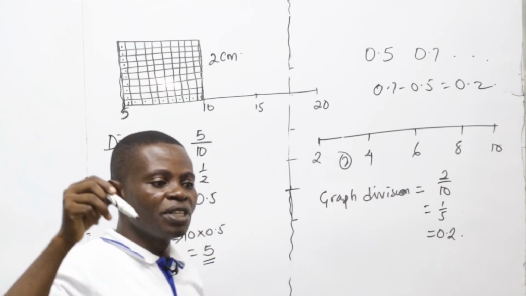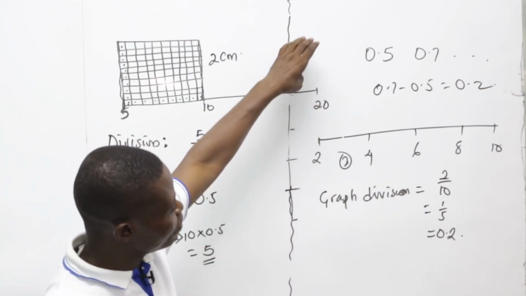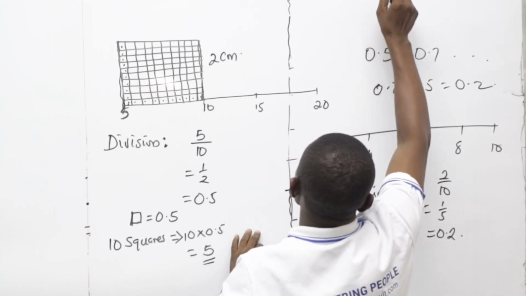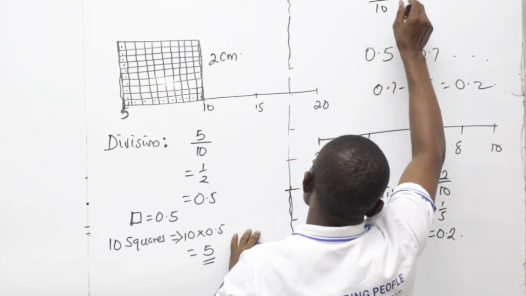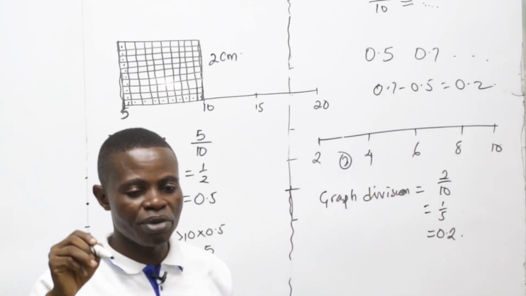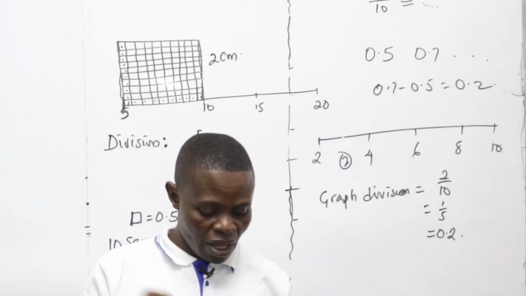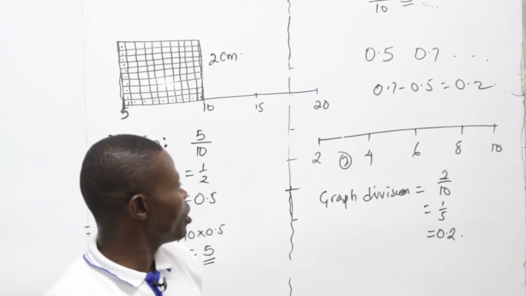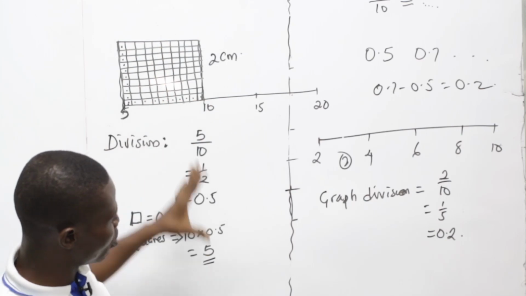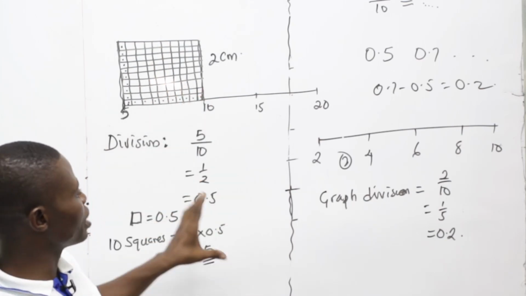Now, our graph division based on this physics plotting is going to be what? 0.2 divided by 10. Whatever it gives to you, that's what your graph will be reading. Like I said before, I'm going to end just in the calculation of division of graph.